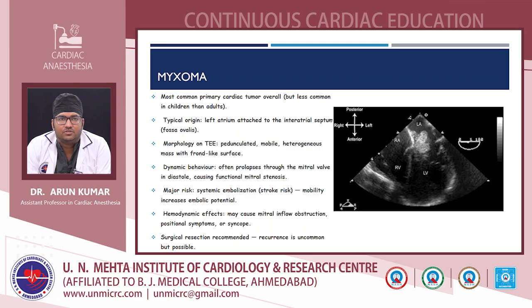It shows dynamic behavior, often prolapsing through the mitral valve in diastole, causing functional mitral stenosis. The major risk is systemic embolization, and hemodynamically it can cause mitral inflow obstruction and positional symptoms, and can cause syncope. Surgical resection is recommended. Recurrence is uncommon but possible.